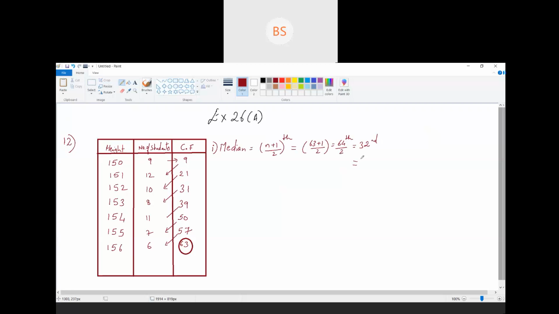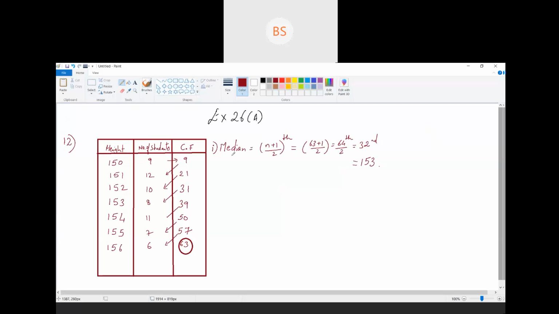As we can see, this is 39. Here it is 31. So 32nd to 39th observation is over here. So the 32nd observation lies over here. So the value will be 153. So median is 153.